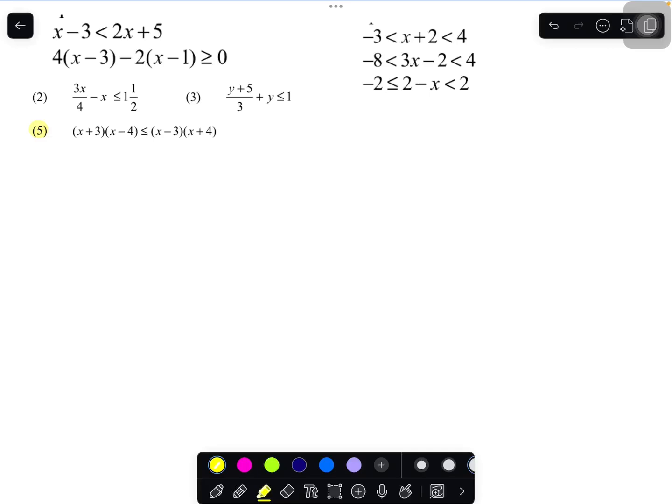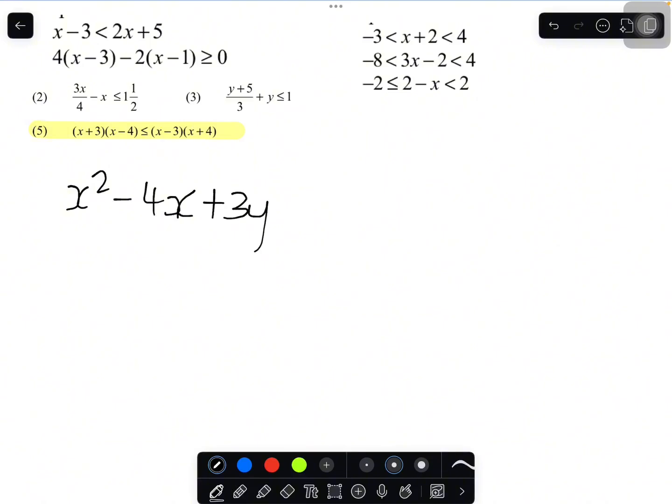On to the next. We're now working with this question right here. We're just going to multiply all these terms out, and we're going to use our distribution. So I'll have x times x, I get x squared minus 4x plus 3x minus 12 is less than or equal to x squared plus 4x.